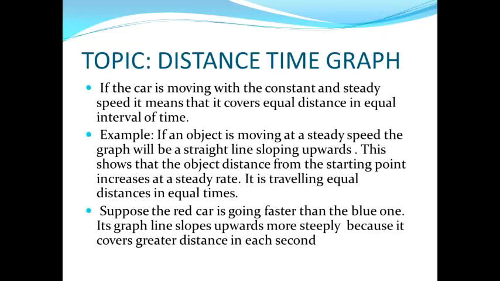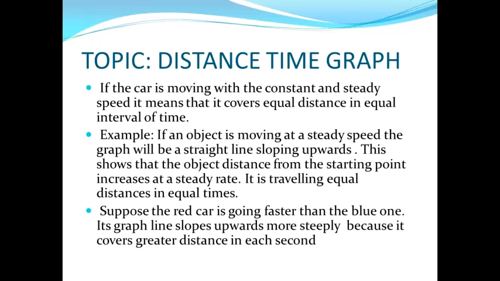You have to keep in mind that if I am talking about the distance-time graph, it means that I am talking about speed. The distance-time graph gives speed. The gradient of the distance-time graph is speed.